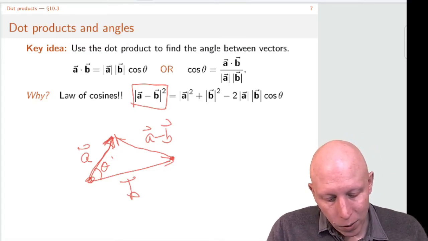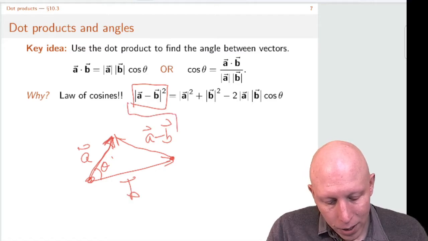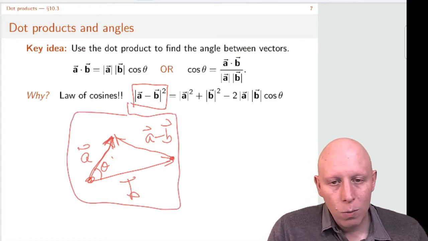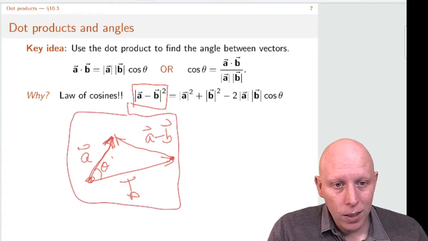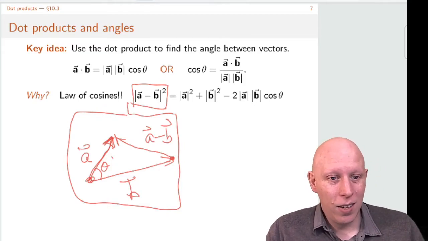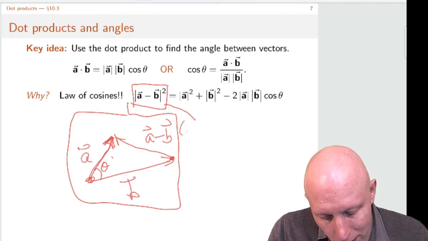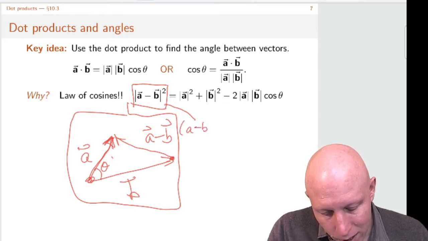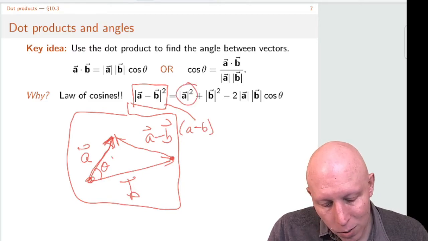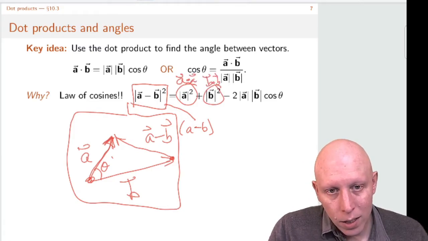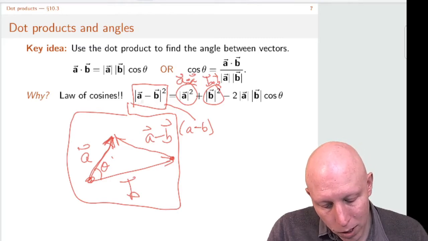So let's now use what we wrote on the previous page about the length of something squared. When we have length squared, we said this is A dot A. This is B dot B. And so what is this term?